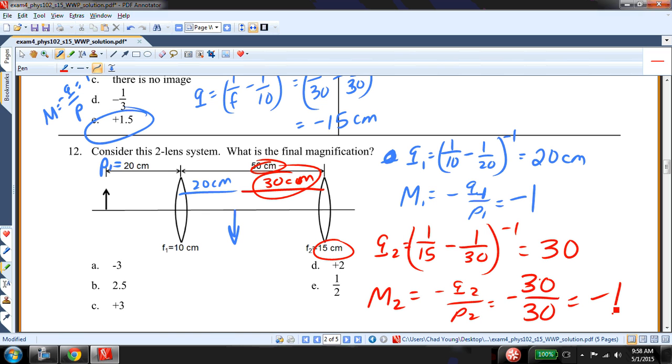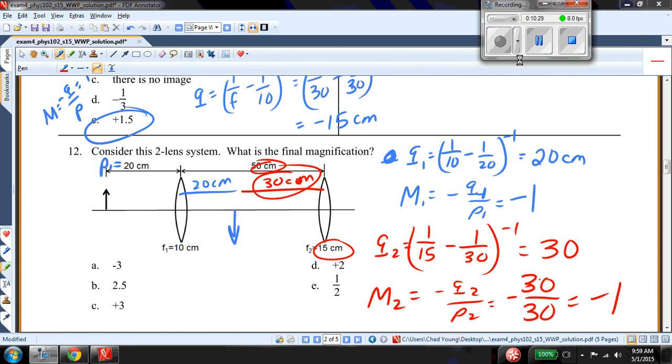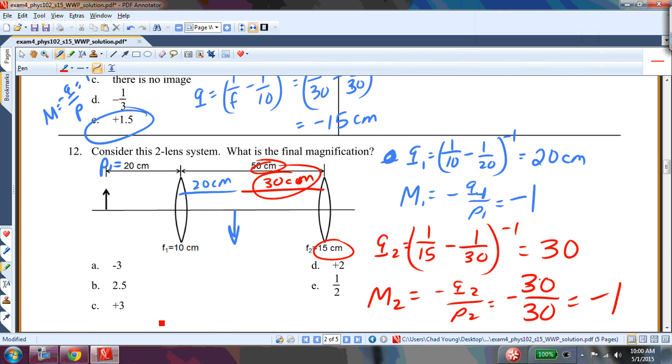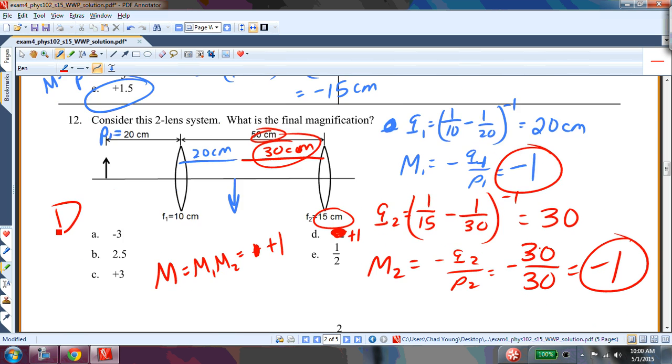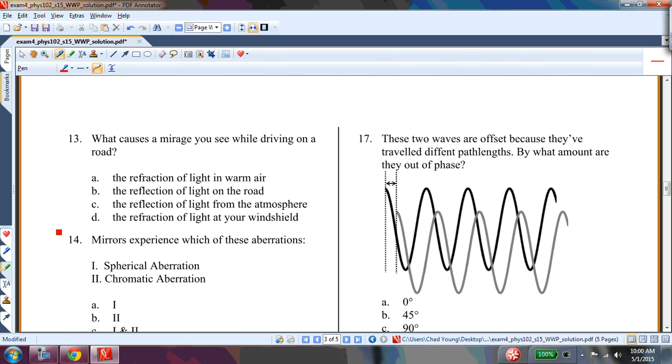Let me just double check this. Okay, yeah, it is supposed to be +1. The magnification total is M1 times M2, which is equal to -1 here times -1 here, which is +1. On the test, I'll change this to be +1, so the answer for number 12 will be D.